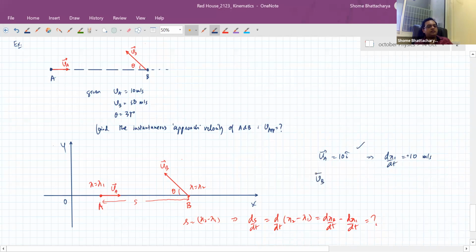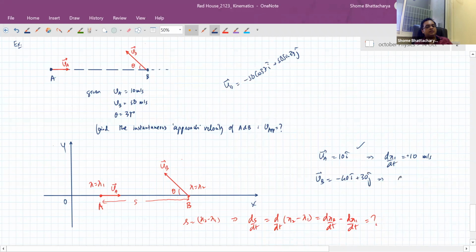But VB has components like this. It has a negative component: VB is minus 50 cos 37 and plus 50 sin 37. So this is minus 40 i and plus 30 j.